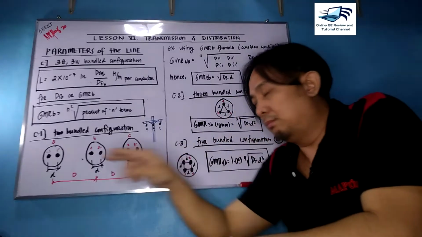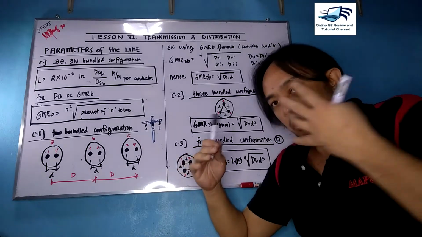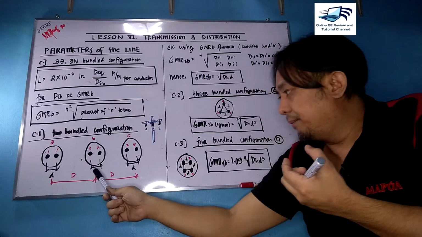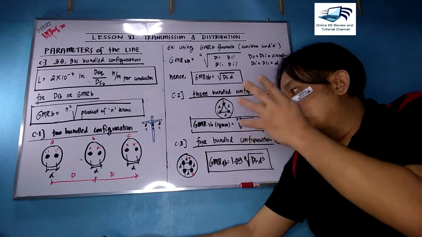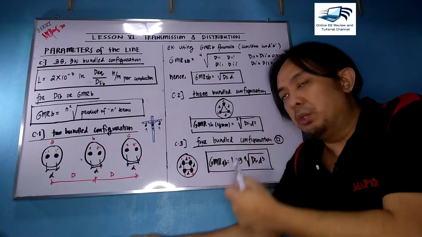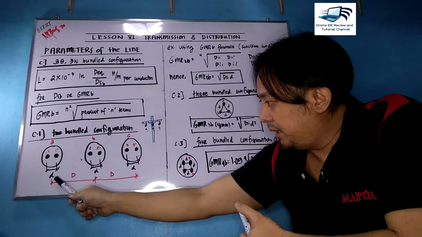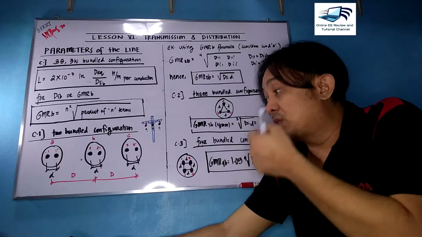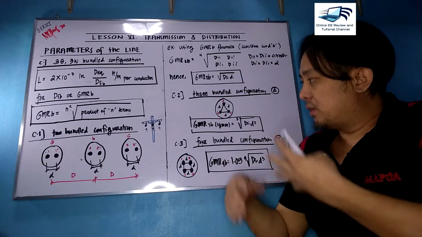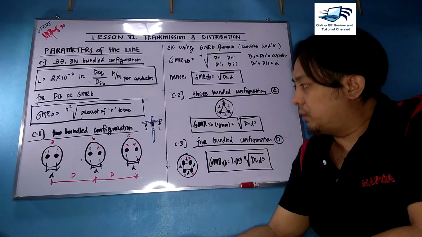They have 2 strands in a conductor, and they are separated by a distance small d, and it is also separated by a distance D per conductor. So please take note, the bigger D here is the per-conductor distance, while the smaller d is for the strand distance. So that is one example to illustrate a bundled configuration in a transmission line.